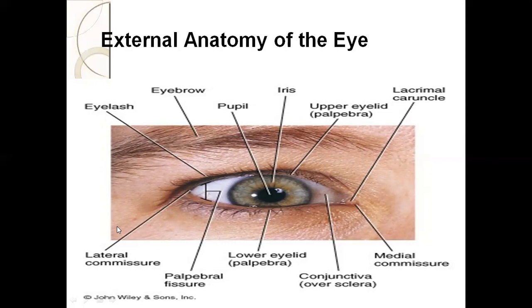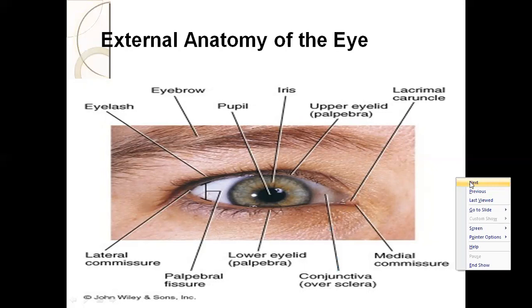Then this is the lateral commissure, this is the conjunctiva over the sclera, then this is the lacrimal sac and the medial commissure. Then this is the iris and this is the pupil. These are the external anatomy of the eye.